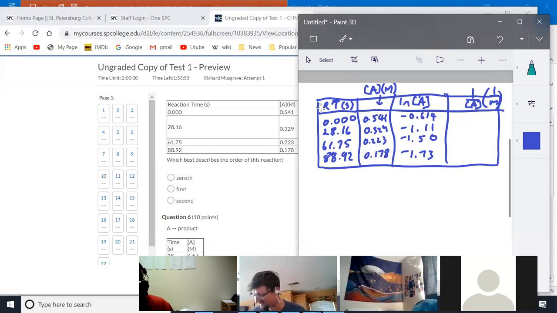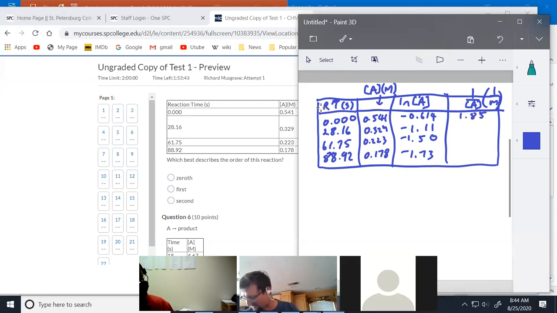All right, let's look at 1 over A. I already did those two. The first one is 1.85. 3.04. 4.48. Correct. And then I haven't done the last one. 0.178. 5.62.